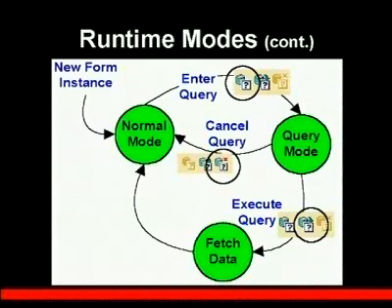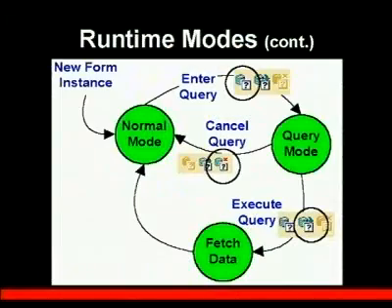So what this diagram shows you is the different modes and how they work back and forth. I know when you first take a look at this, it looks a little confusing, and I'm going to walk you through it. When you do the demo, you'll see me work through a live form and run through these different modes. And then when you do the labs, you'll do it yourself, and you'll get a better feel for it. So don't worry about it.